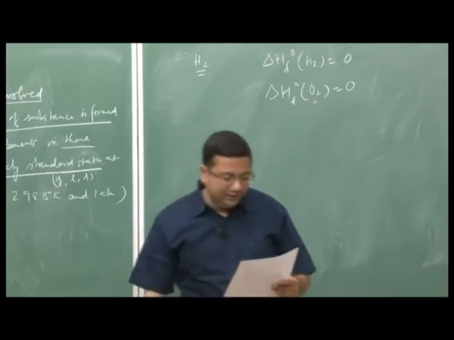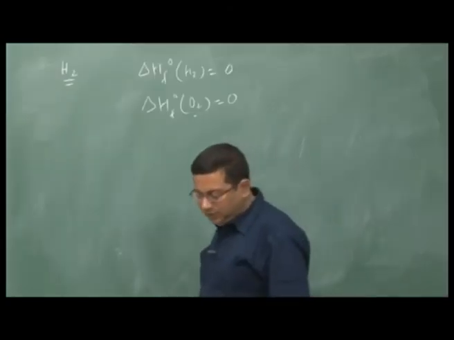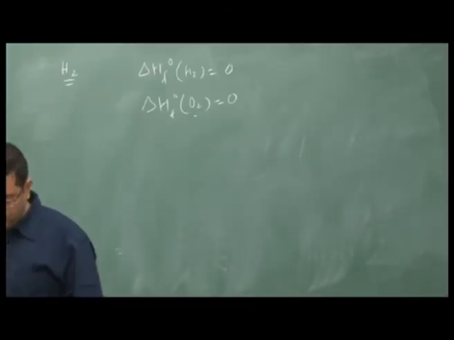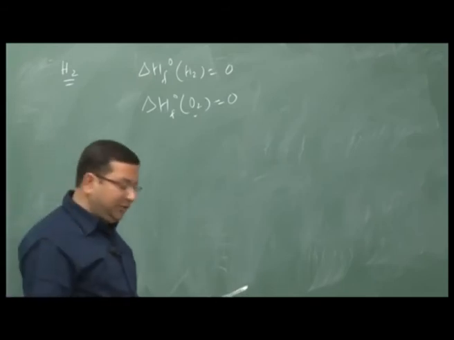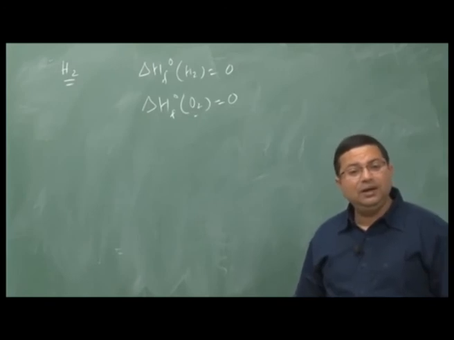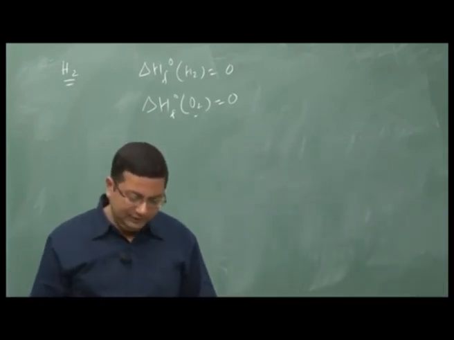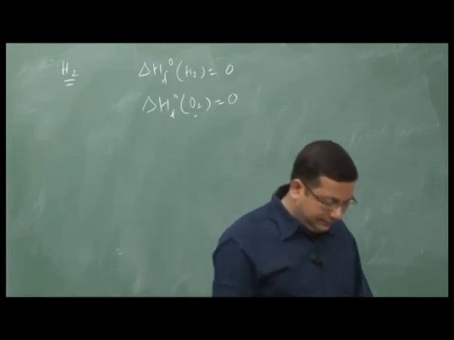So, by convention, each element in its standard state is assigned an enthalpy of 0 or has a standard heat of formation of 0. Heat of formation of different elements are tabulated extensively in the handbook of chemistry. You can find various books, handbooks in chemistry and physics, where they tabulate this.